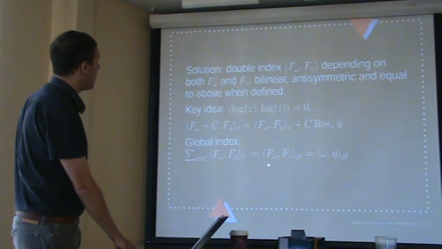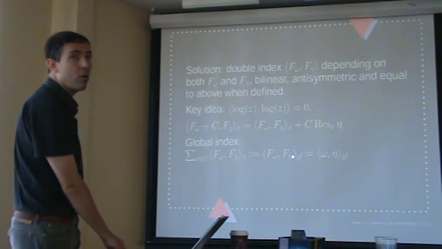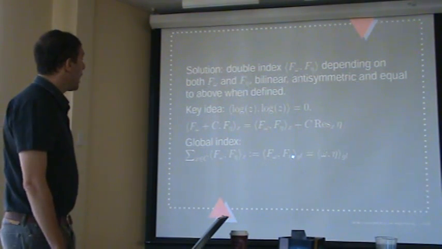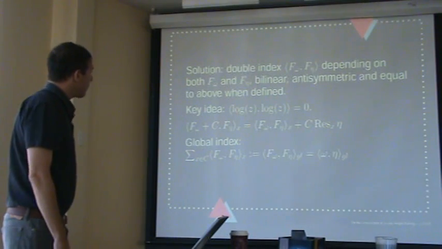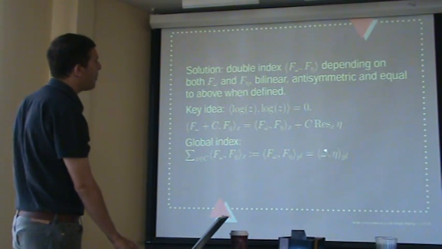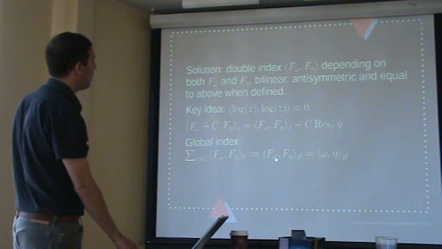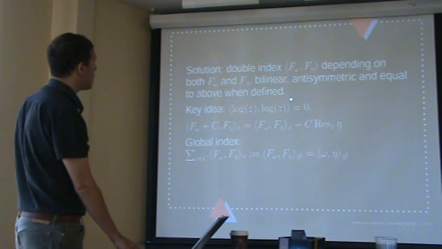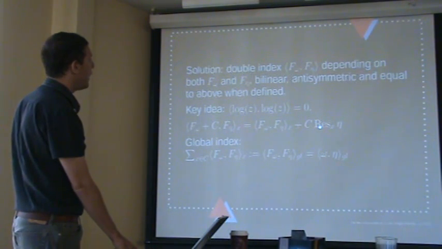At that point, I want to choose these functions, f omega and f eta, to be integrals of omega and eta. Then one first observes that this thing only depends on omega and eta. It doesn't depend on the choice of the constant of integration. The reason is that this comes from the previous equation and the residue theorem.